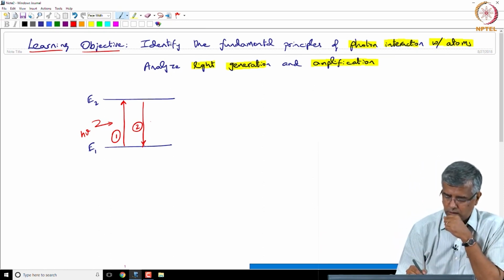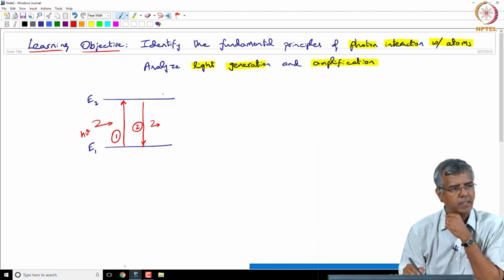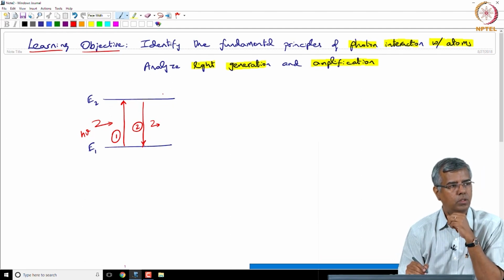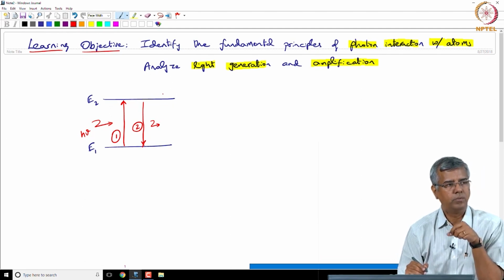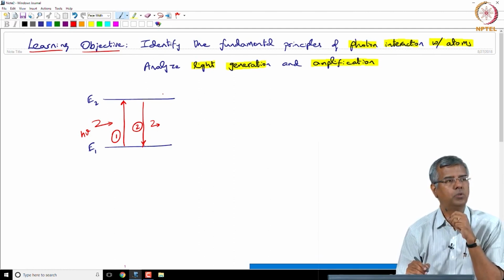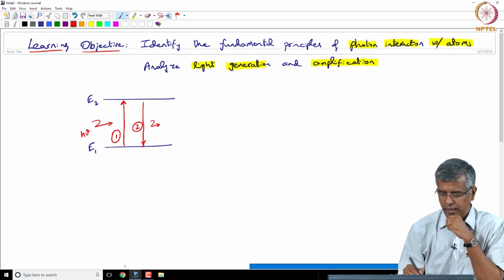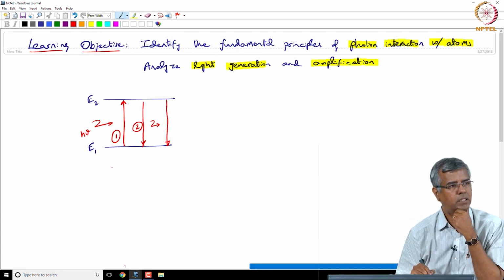Or there could be the case where, while this atom is held at E2, a photon with energy h nu comes by and stimulates this transition.